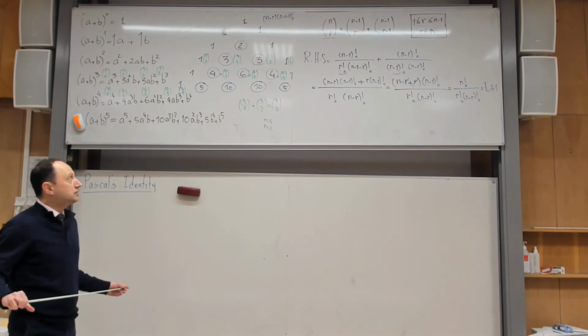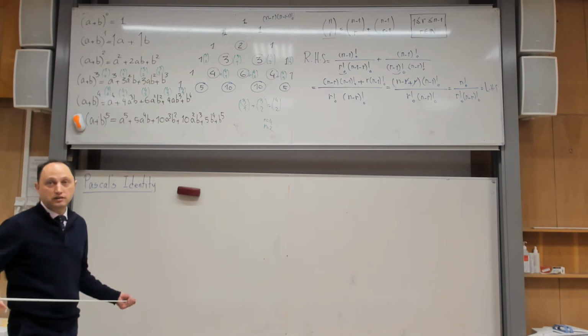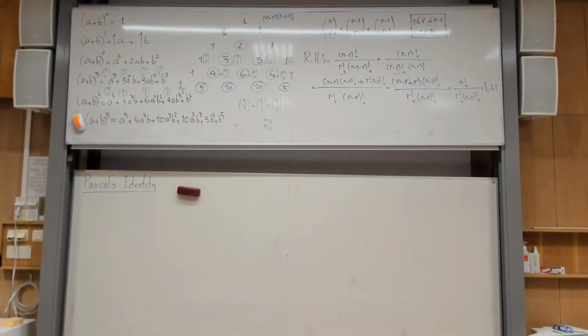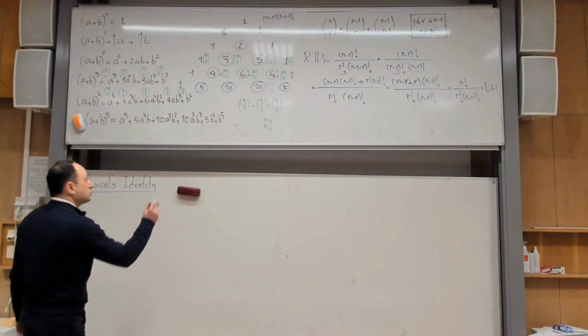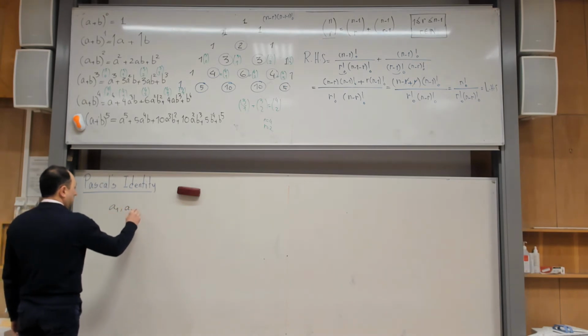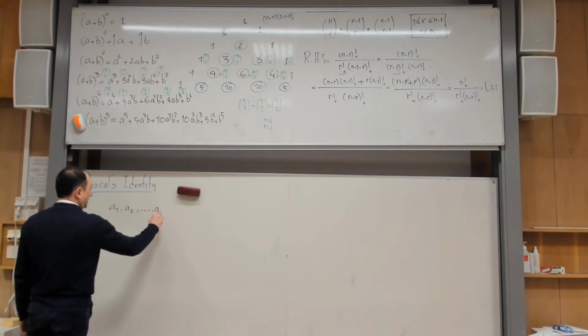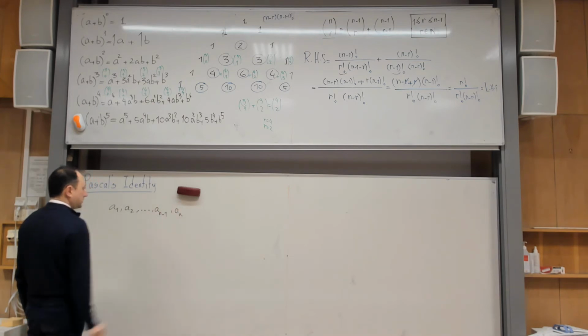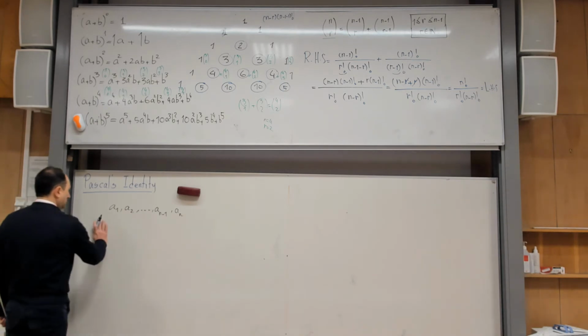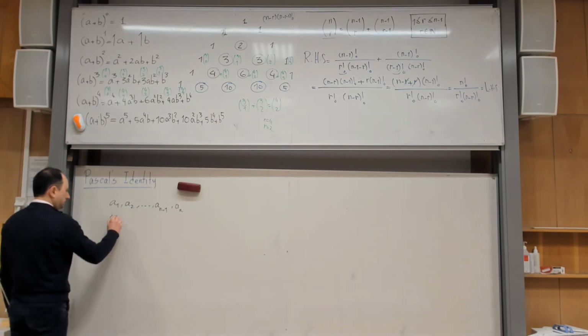Okay, but how can I understand this should be the same as the right-hand side then? So, I have n people here, and the last one is a_n, for example. If I ask you in how many ways I can choose r of them, you know that, yes? It's n choose r.